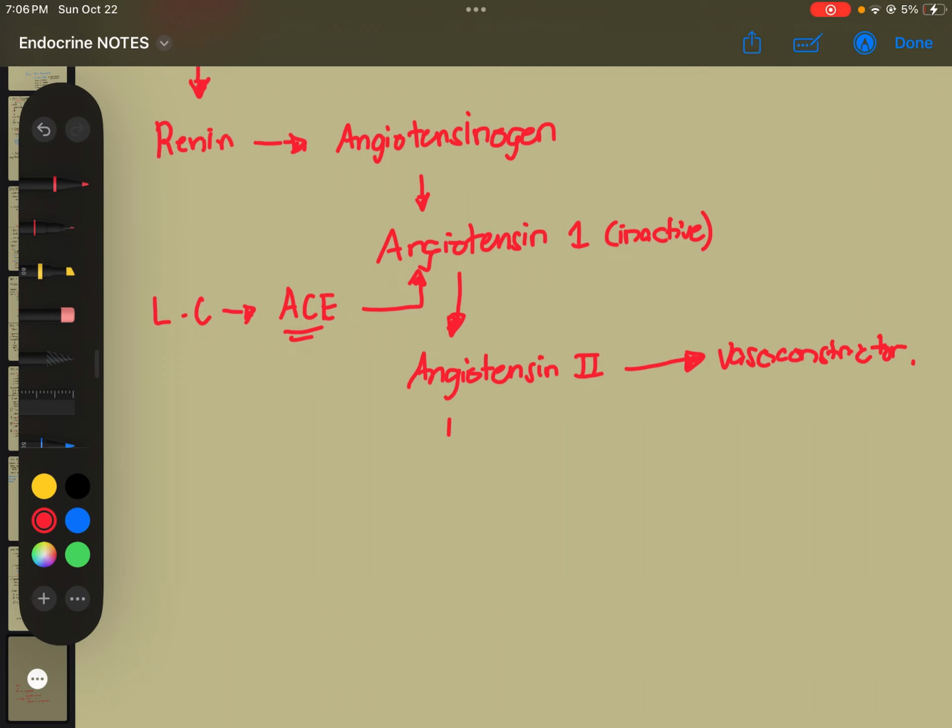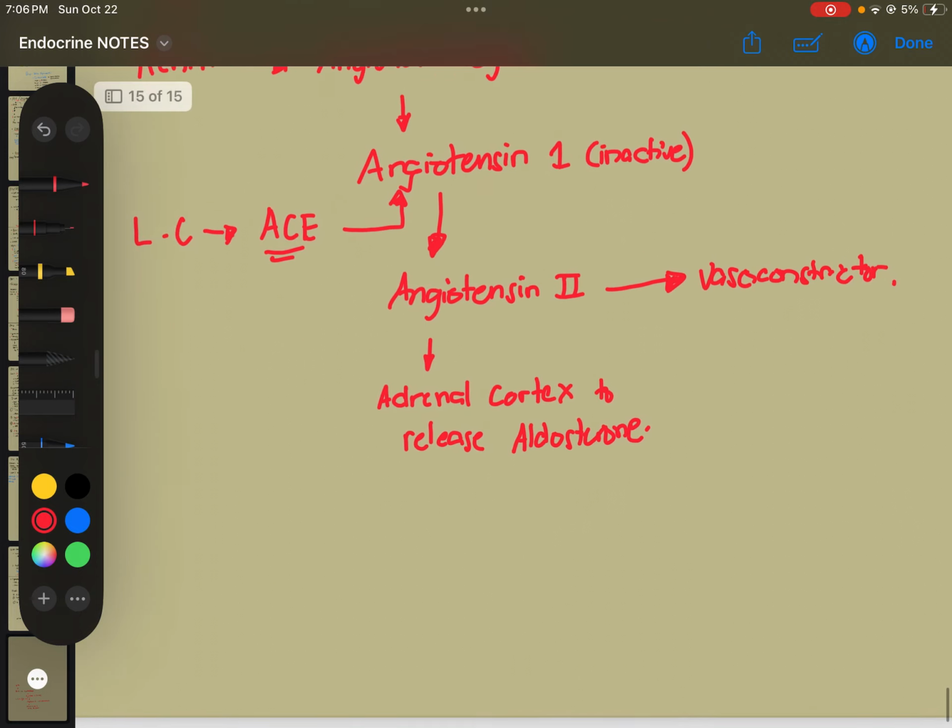Aside from that, it will also stimulate your adrenal cortex to release aldosterone. Your aldosterone, it will have two effects.